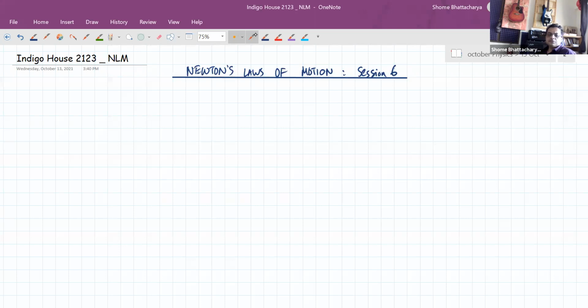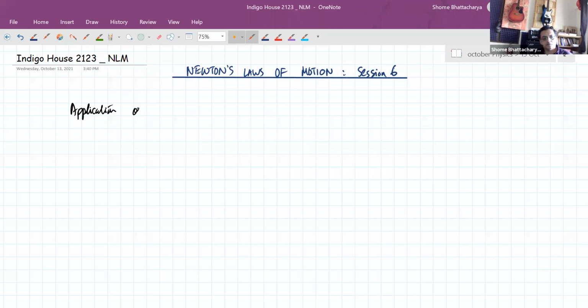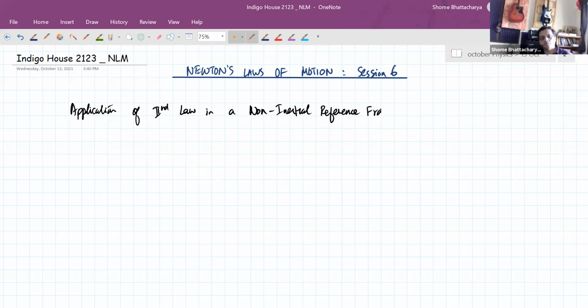So as I said, we will start with a fresh concept today. Concept of application of Newton's second law in a non-inertial reference frame. So let's understand this term first, what it means. Non-inertial reference frame.